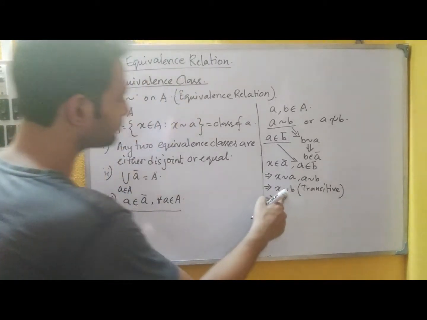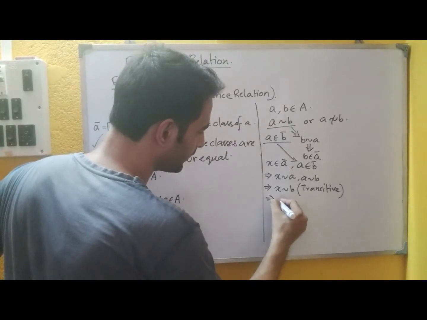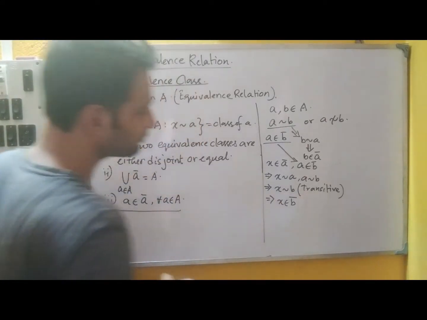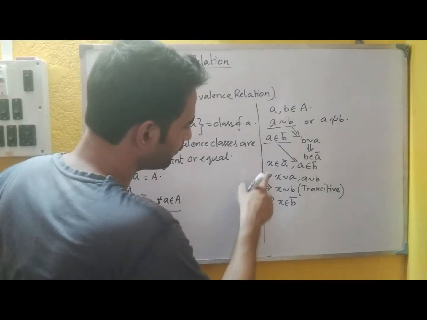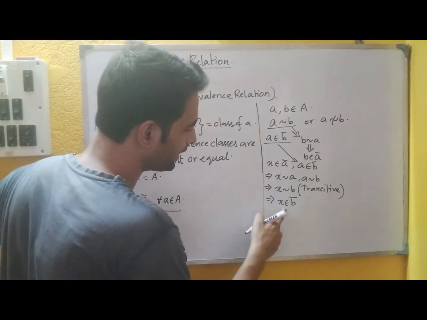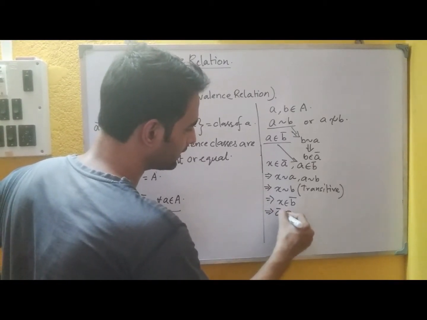So since x is related to B, from the definition of class, we can say that x belongs to class B. So we have taken x from class A, and we can see that x is in class B. So this will imply that class A is a subset of class B.